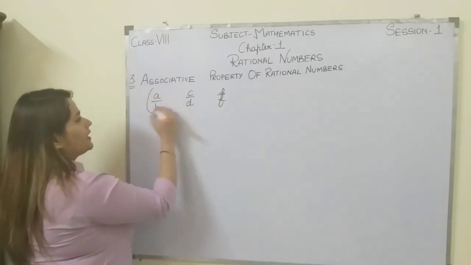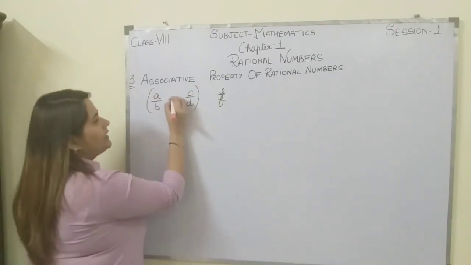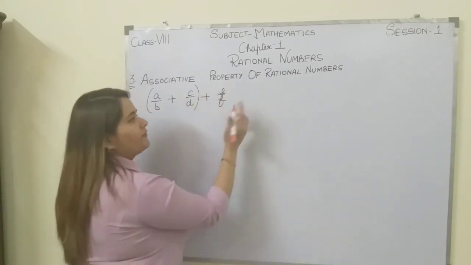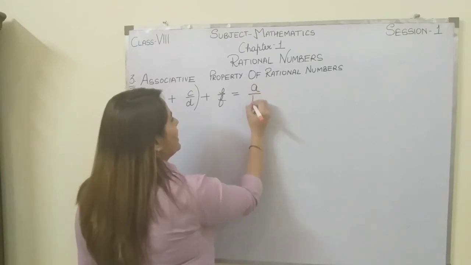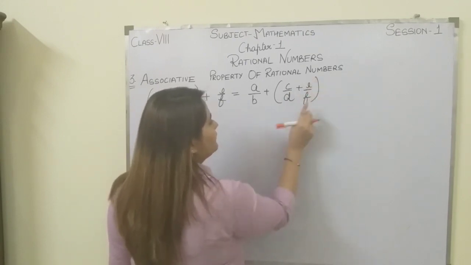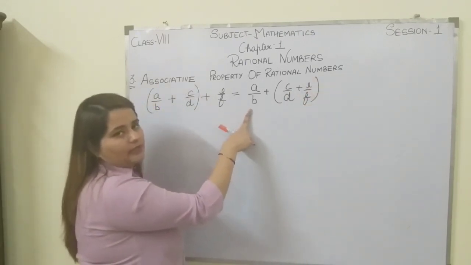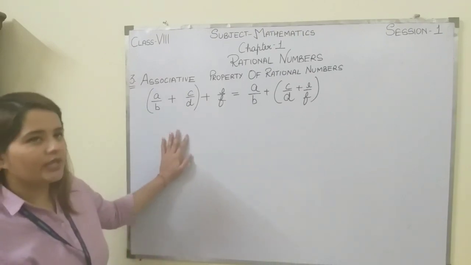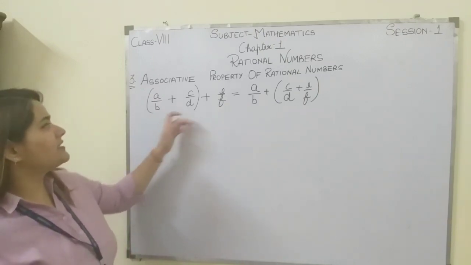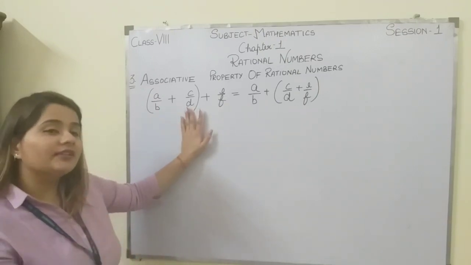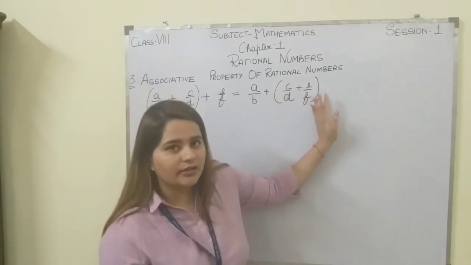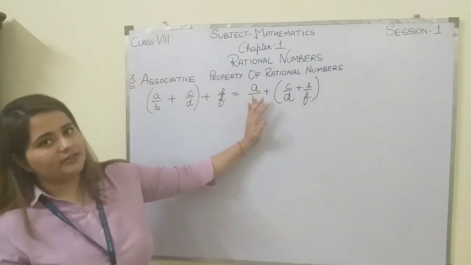If I group a by b and c by d and add them and add their answer to e by f, it will be same if I add first c by d with e by f and its answer to a by b. That means in very simple language, if 1, 2 and 3 are the three rational numbers, if I add first and second rational number and then its result to the third one, it will be the same if I add second and third rational number and its answer to the first one.